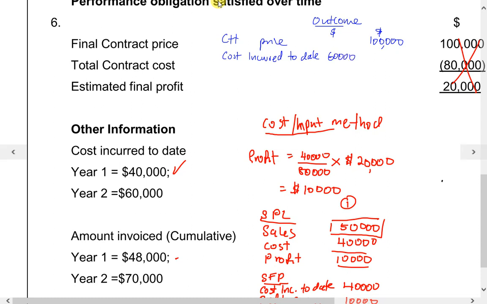Means the remaining cost to be incurred, 20. Estimated profit is 20.